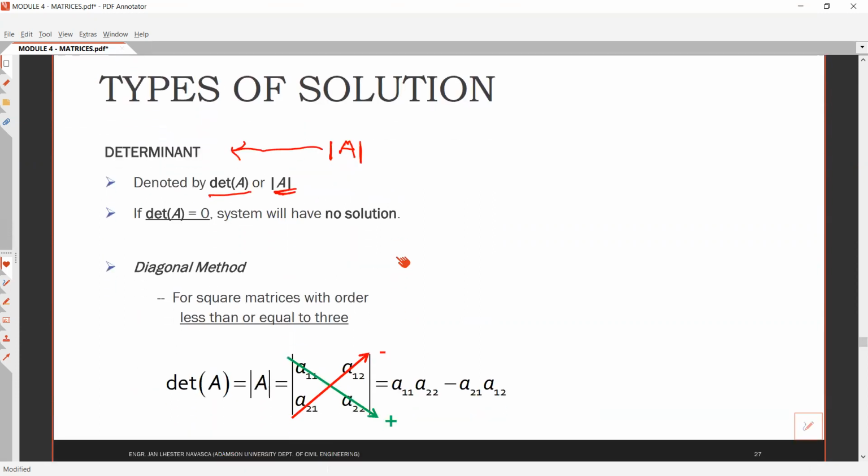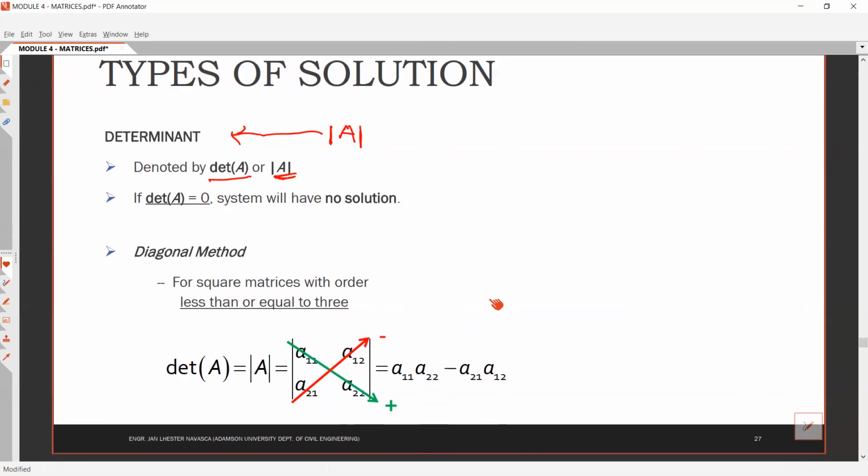Okay? For the diagonal method, for the square matrix, matrix with order less than or equal to 3. So, di ba, recall for getting the determinant, in your linear algebra, meron tayong diagonal method or yung basket weaving na tinatawag. Actually, iba yung basket weaving. So, for the diagonal method is, kinukuha mo yung diagonal nito minus dun sa diagonal dito.